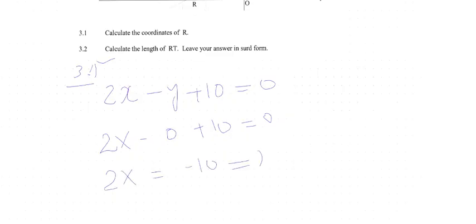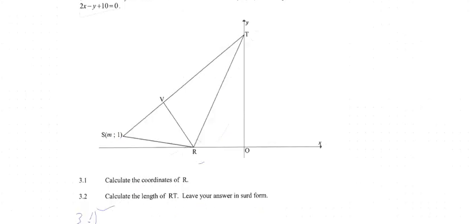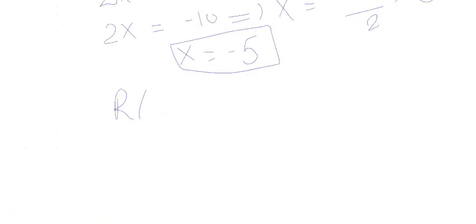So x equals minus 5. So the R coordinate becomes R equals (minus 5, 0). This is the required answer.